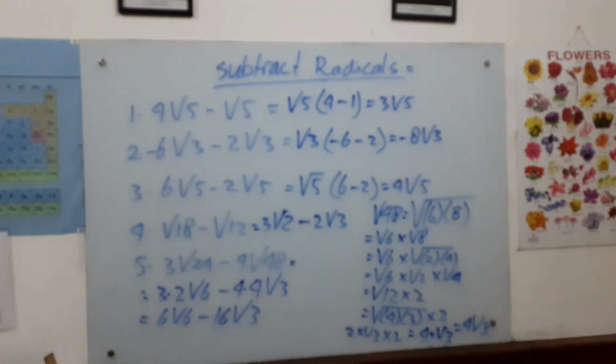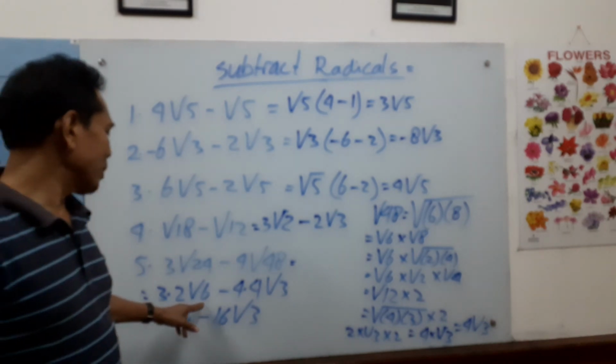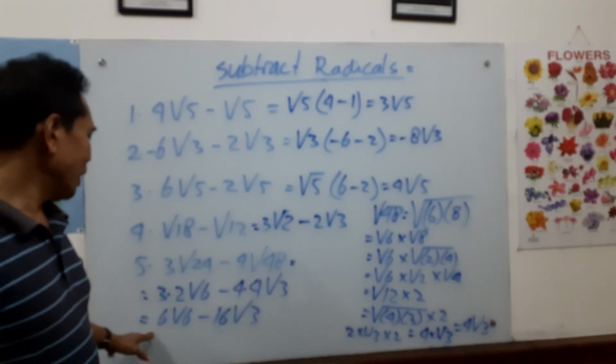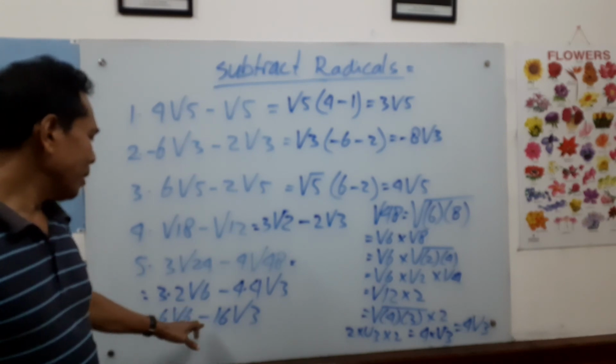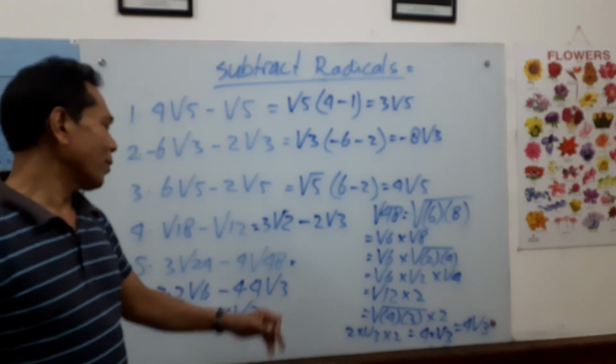Alright, so 3 square root 24 minus 4 square root 48 equals 3 times 2 square root 6 minus 4 times 4 square root 3, which equals 6 square root 6 minus 16 square root 3.